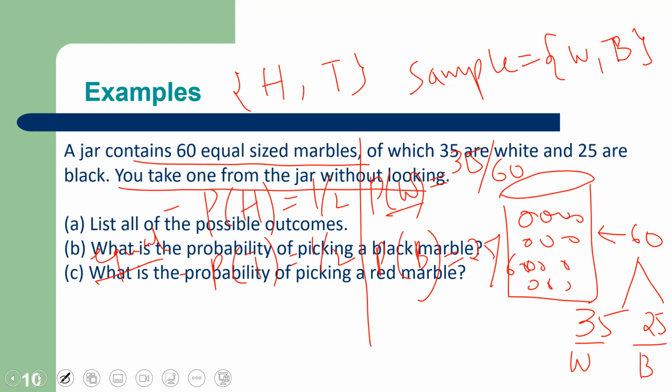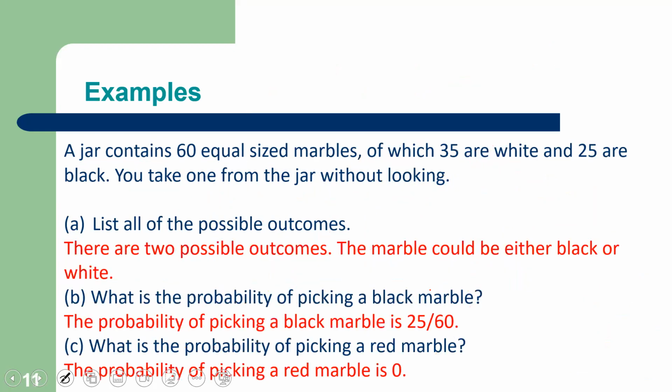So these are not equally likely. What is the possibility of picking a red marble? Sorry, we don't have any red marble, so the probability is 0 here.